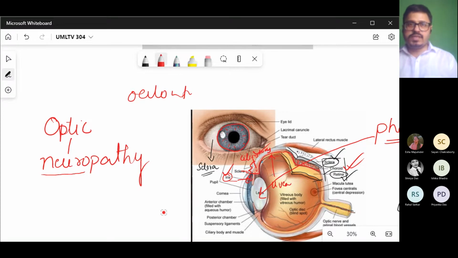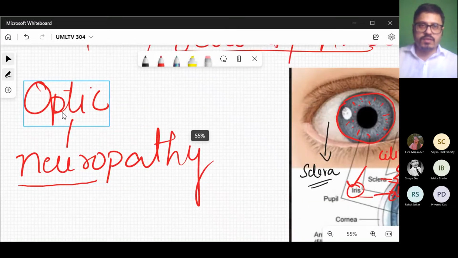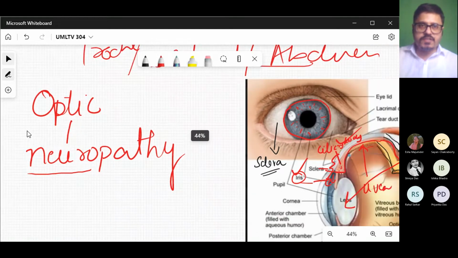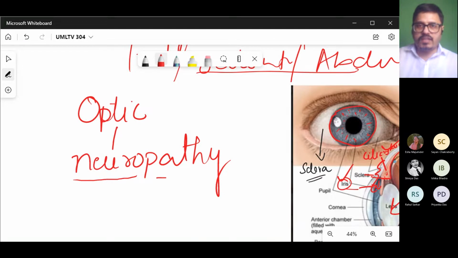Another nerve is called the abducens nerve. So trochlear, oculomotor, abducens, all these are nerves related to the eye. But when I'm speaking of this particular term, optic neuropathy, I am being very specific as to which particular nerve has the disease.